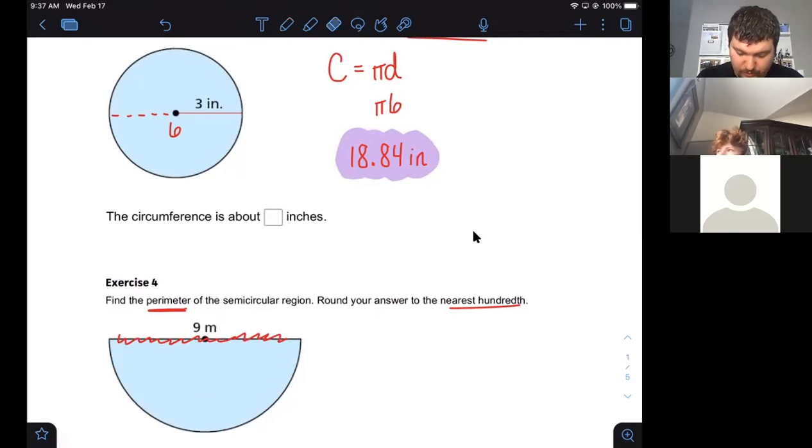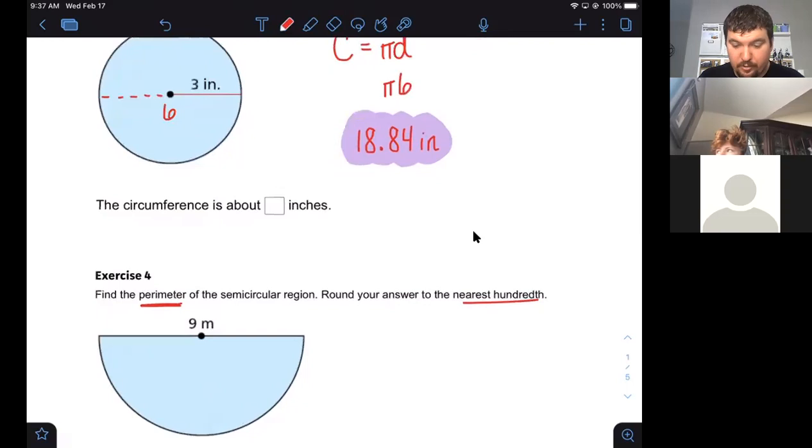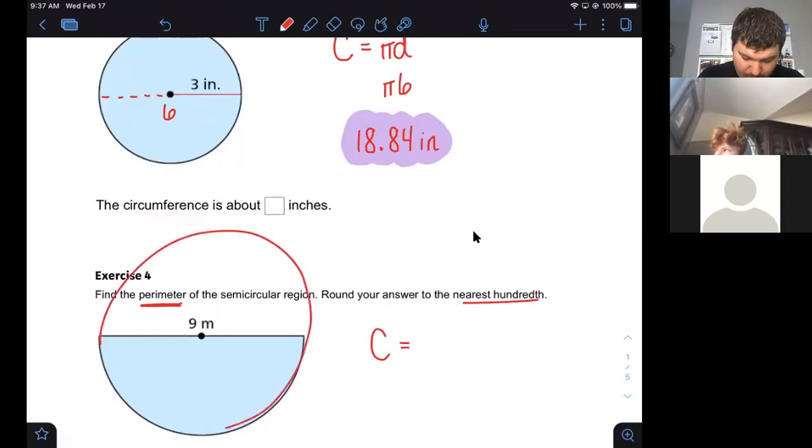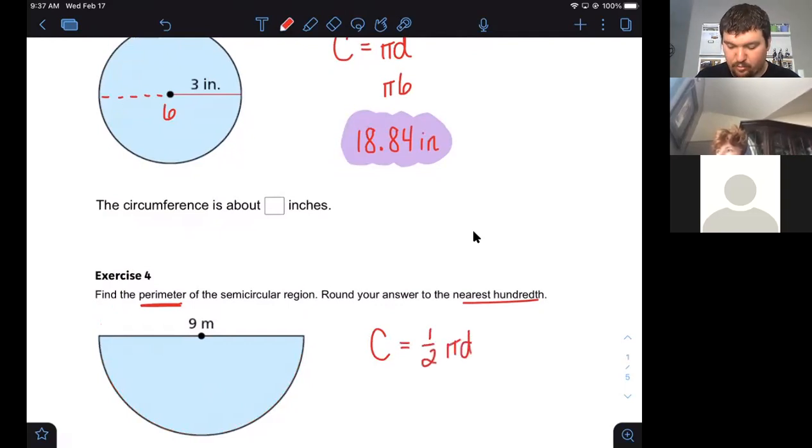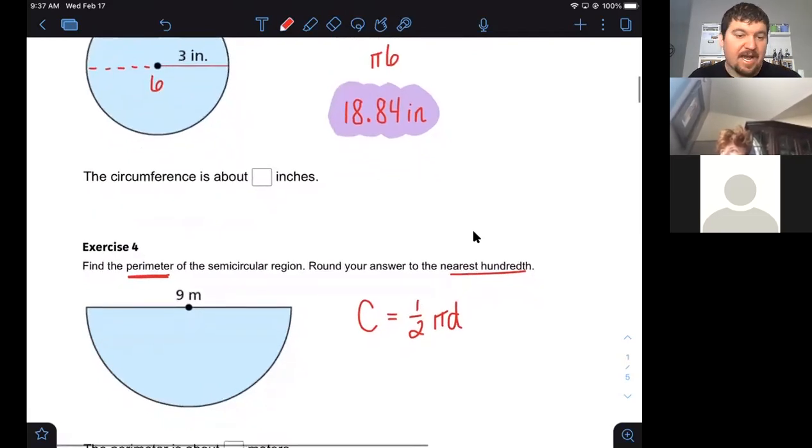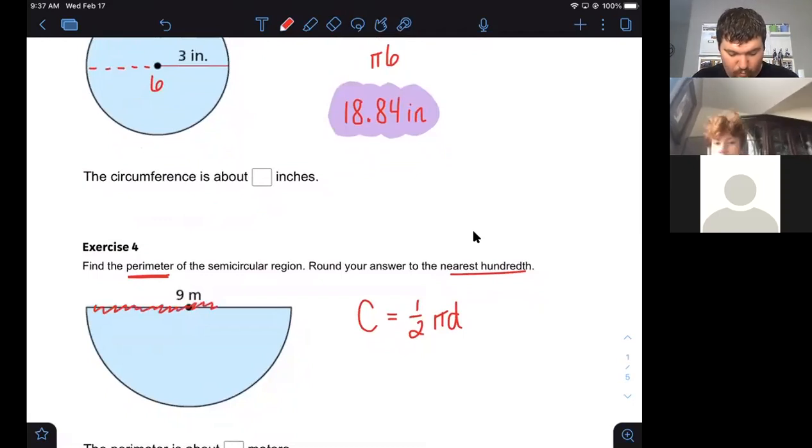So what we're going to do for the perimeter of the semicircle is we're going to use our regular circumference formula. But because it's a semicircle, we don't want to go all the way around the circle. We only want to go halfway around it. So we're going to do 1/2, and then our formula has always been pi times d, right? So we're just going to put a half in front of that. The diameter of the semicircle is this distance right here from one side to the other side, which it gives us as 9 meters.